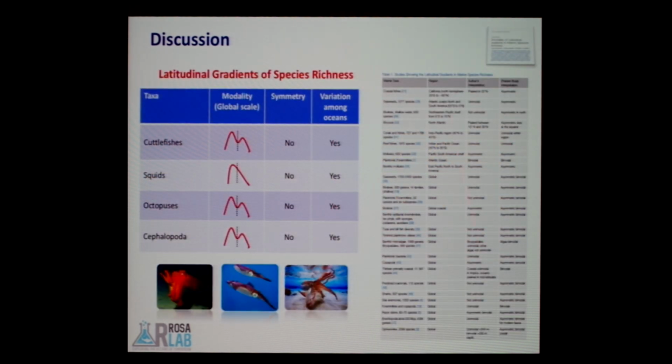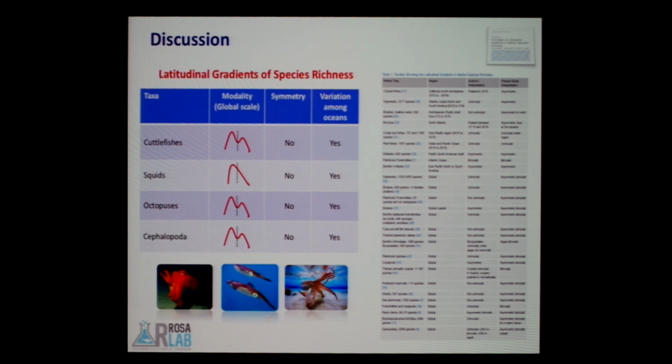So this is just a summary table of that Trends in Ecology paper, where they plot all the database available, and you can find defined fishes, corals, and they say unimodal, bimodal, symmetric. So I tried to do the same thing here. Definitely, at the global scale, cuttlefish are not symmetric.